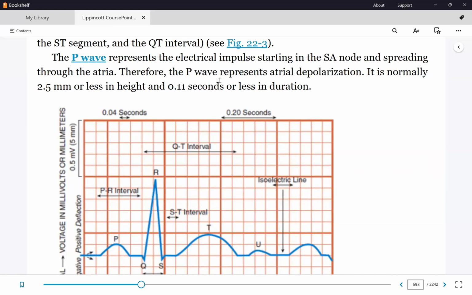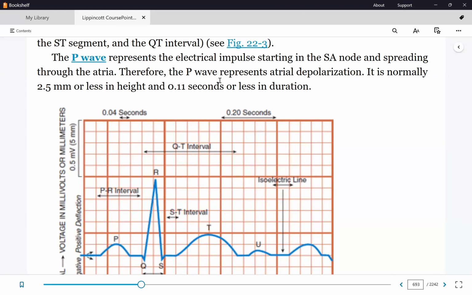When we see a P wave, where did the impulse come from? The SA node fired. And what did the impulse do? The atria contracted. So two meanings. We see a P wave, we're happy. Oh, P wave, great. Because we know the impulse came from the SA node and the atria contracted.